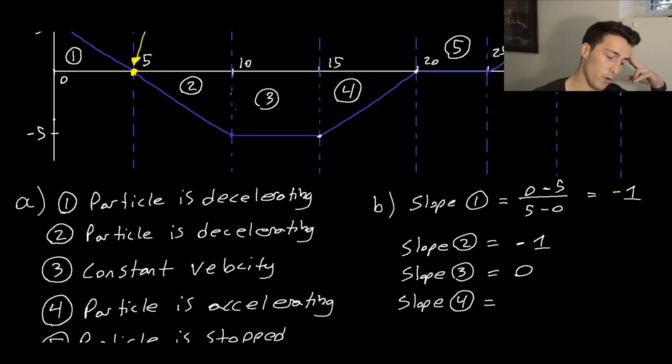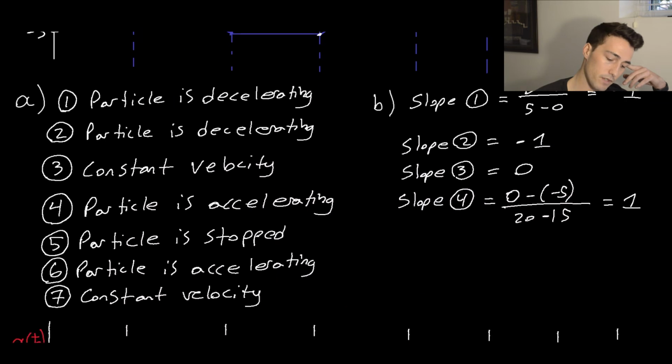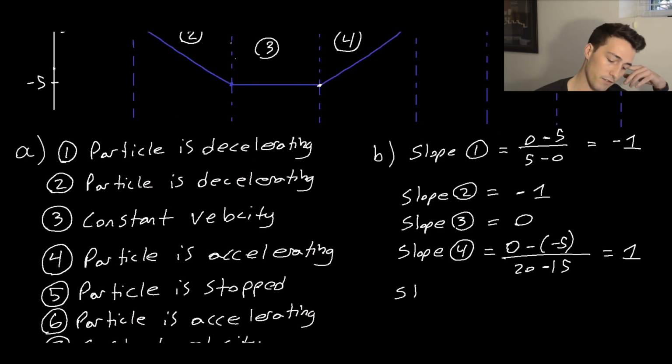Well, here we went from -5 to 0. So our final was 0, minus -5, divided by 20 minus 15. So we're going to get +5 on top, +5 on the bottom. That means it's a slope of 1, which makes sense because it's an increasing slope. It's going in the positive direction, so it's accelerating in the positive direction.